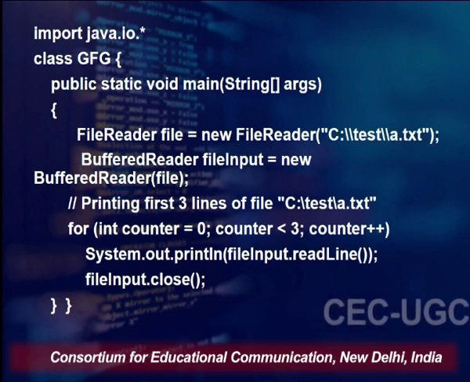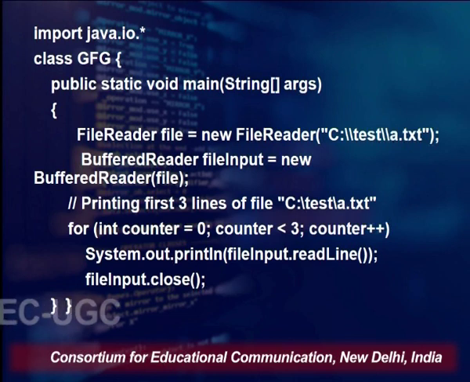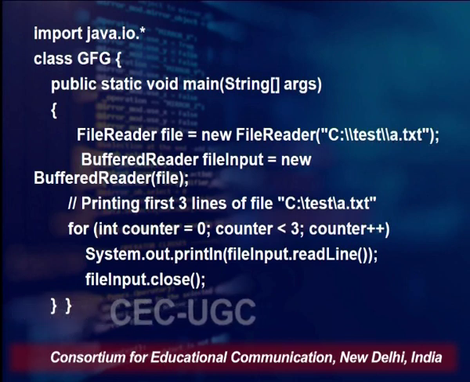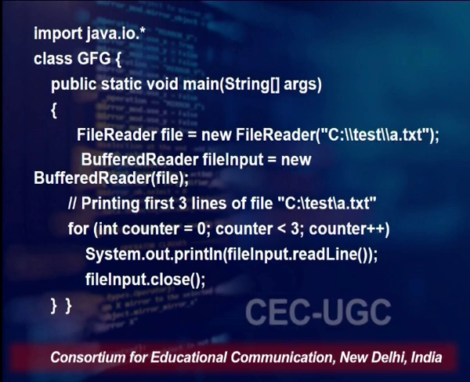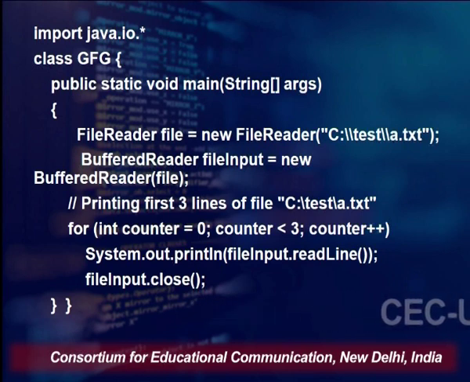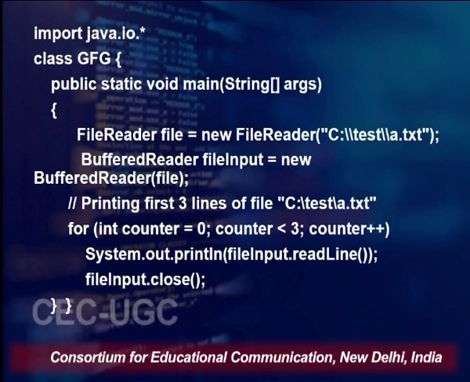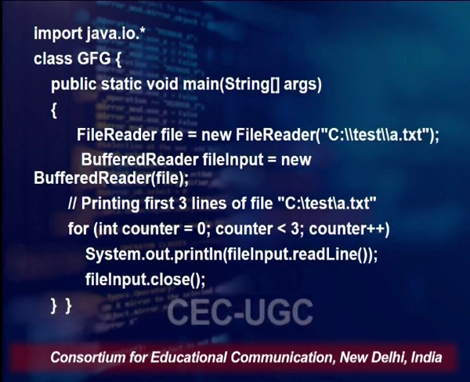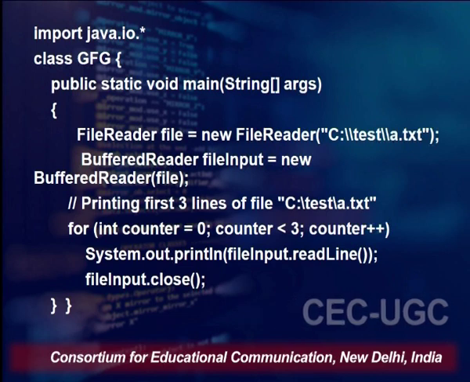in printing the lines which we read from the text file onto the screen. How is it being done? A very simple function, the readLine function, is used, and readLine, as the name indicates, reads one line.